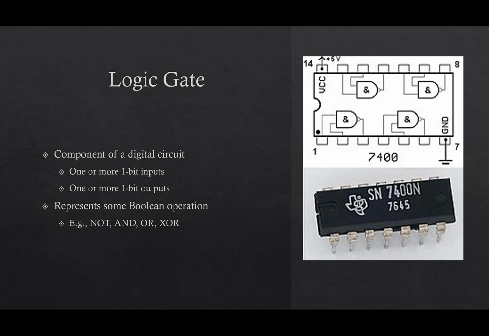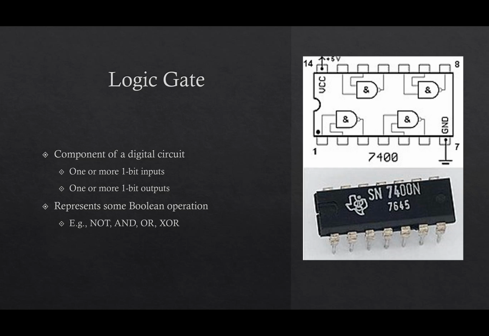Each of those inputs is 1 bit, and it produces some outputs, and those outputs are 1 bit. When we're talking about a physical gate on a chip, those inputs are represented in some physical way. In an electronic computer, we're talking about voltages. One voltage level would represent a 0, and a different voltage would represent a 1.